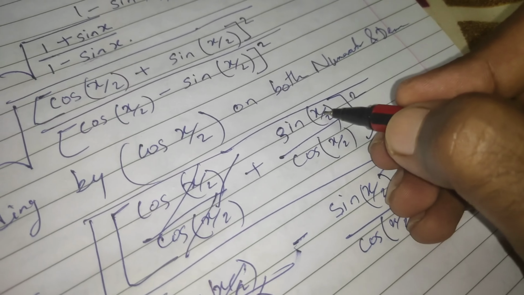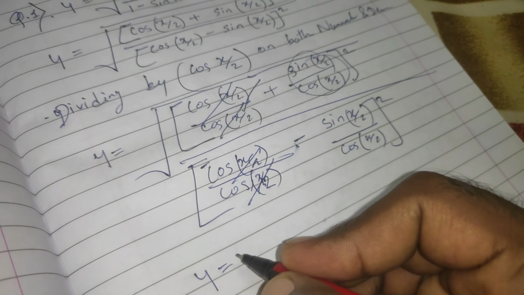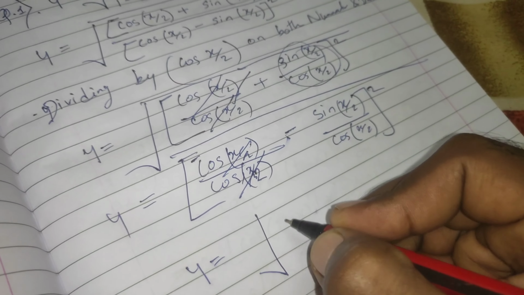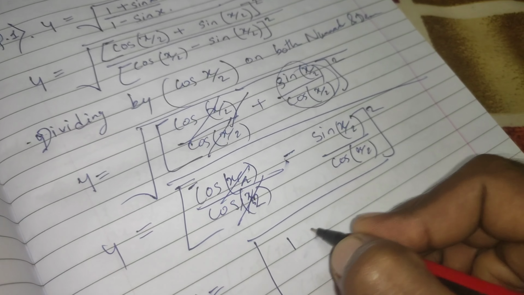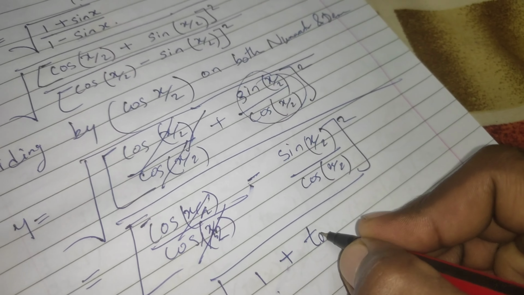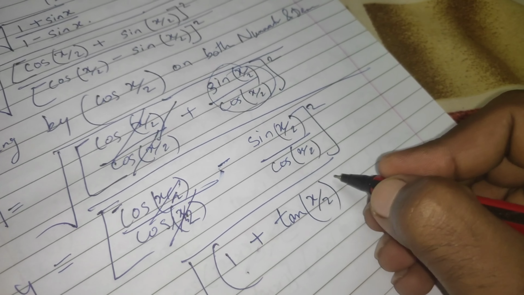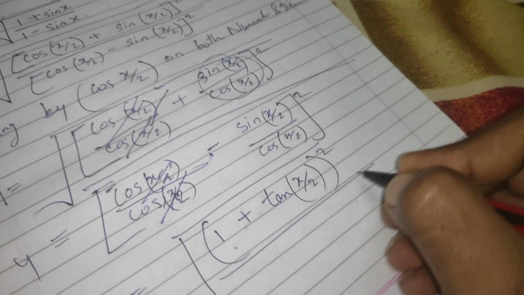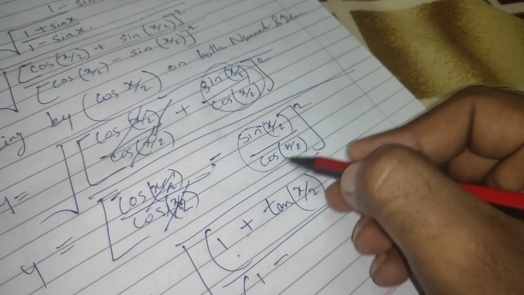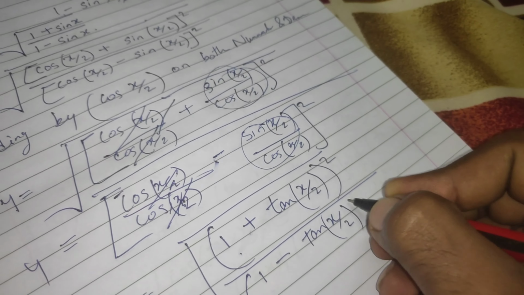So now cos cancel, cos cancel. Okay, so sin upon cos is tan. So in the next step y equal to, this all remains the same, root of (1 plus tan x by 2) whole square divided by (1 minus tan x by 2) whole square.